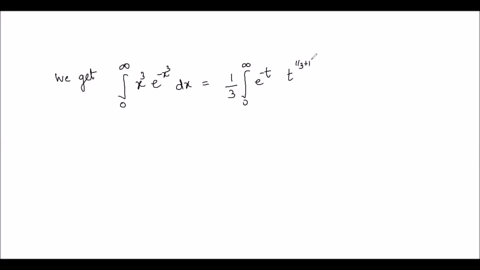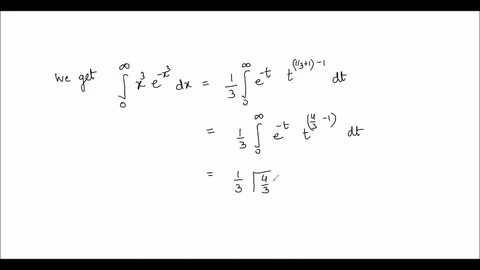So let us add 1 and subtract 1, and this is dt. So what is this? 1 by 3, 0 to infinity, e raised to power minus t, t raised to power 4 by 3 minus 1 dt. Now it has been reduced to the definition of gamma function, and by the definition of gamma function, it is 1 by 3 gamma of 4 by 3.